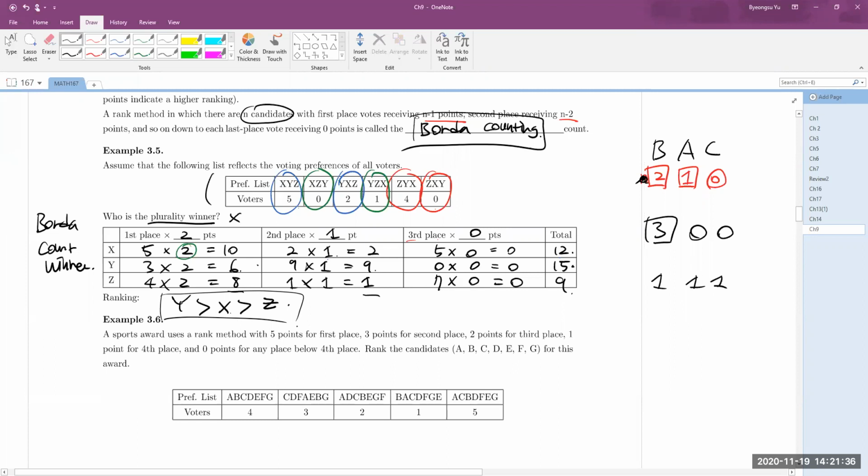Y is better than X and X is better than G in the Borda count. If we choose only one person, we can choose Y, but if we need to choose two persons, then we can choose Y and X, and so on. That's why Borda counting is used when you need to choose, for example, senators or congressmen in a state, right?